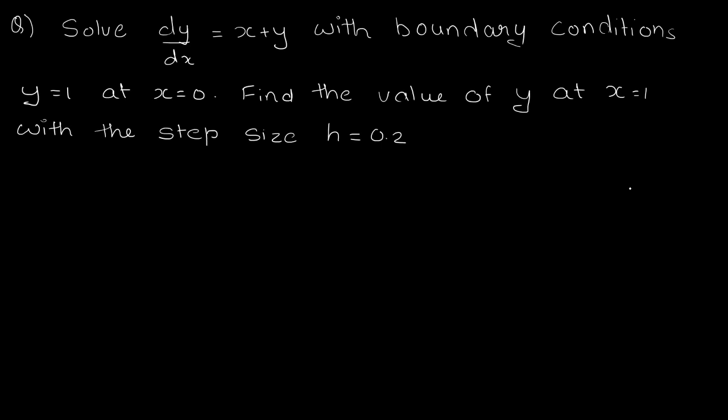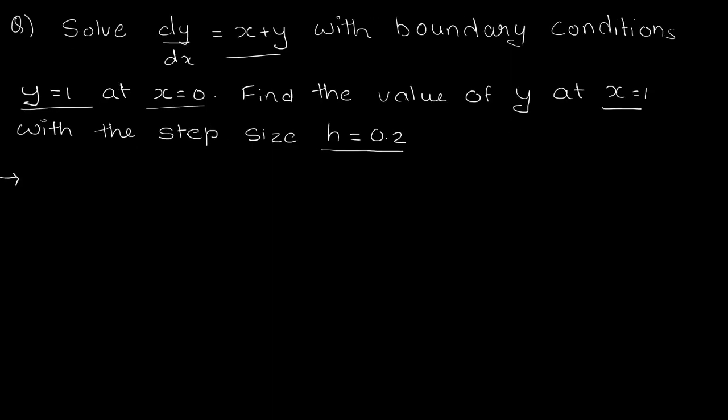Solve dy by dx equal to x plus y with boundary condition y equal to 1 at x equal to 0. Find the value of y at x equal to 1 with the step size h equal to 0.2. Okay, I'll just explain this question. Dy by dx equal to x plus y.